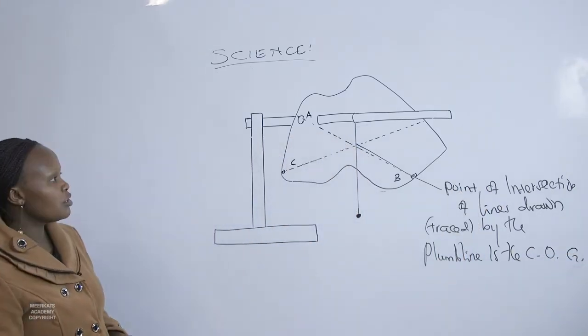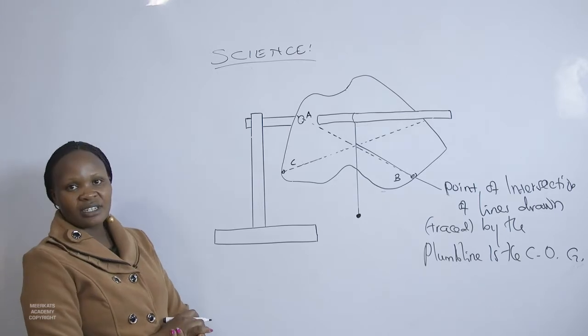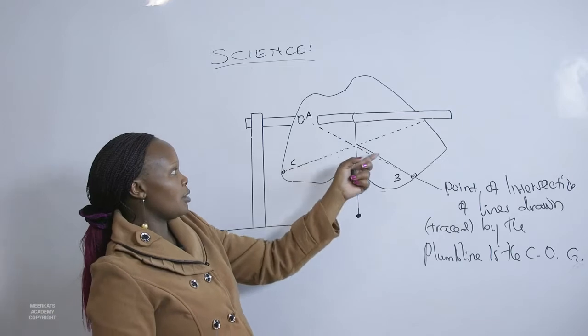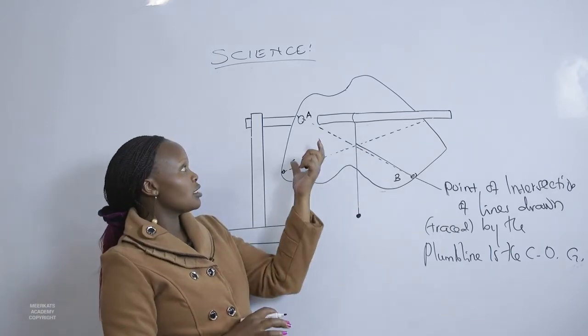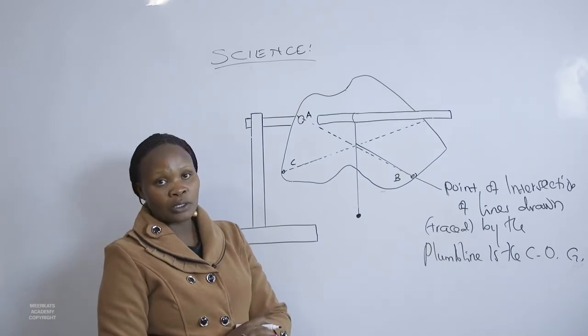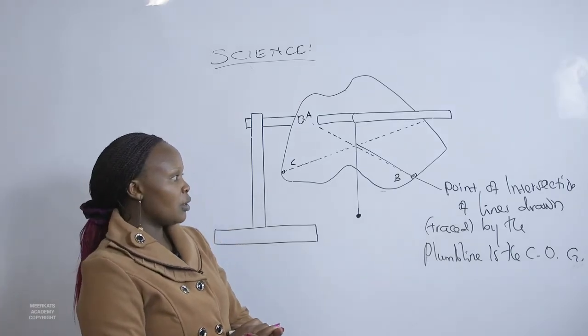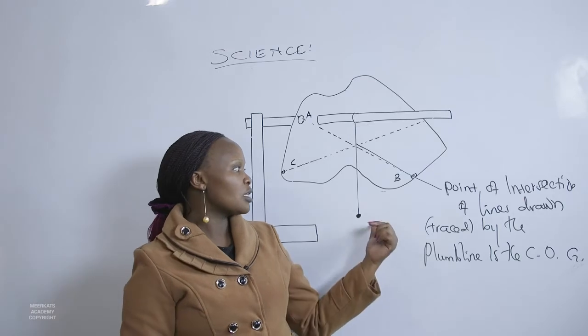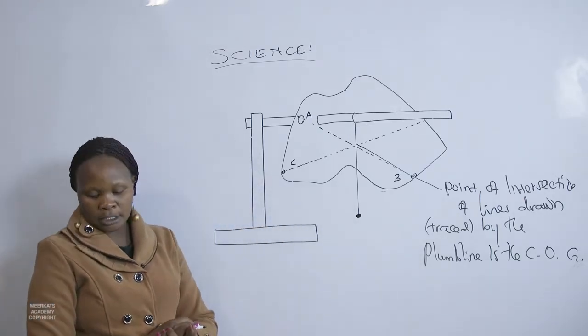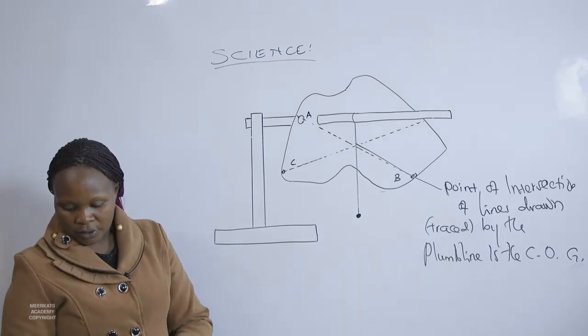This one is very much practical. You can try it. Just tie the plumb line, and then you can suspend your irregular object using the three holes and find out whether the lines are going to intersect anywhere, and you are justified to take that as your center of gravity.